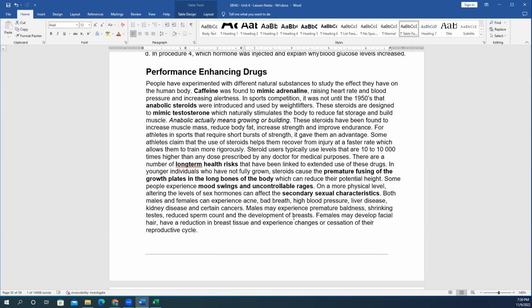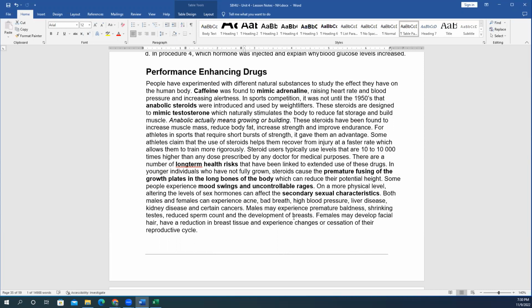Steroid users typically use steroid levels that are quite high, sometimes in the order of 10 to tens of thousands of times higher than any dose that might be prescribed by a doctor for some medical purpose.